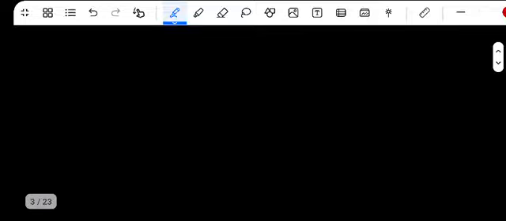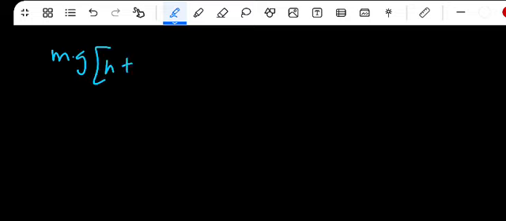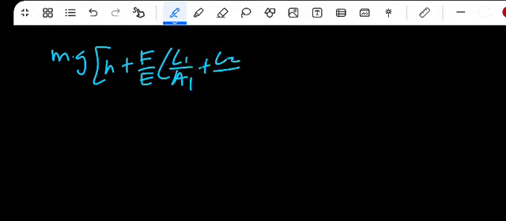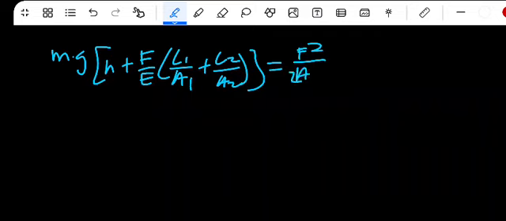For example, there we know that you can make H the subject and substitute, because you know that we've been given mg into H plus F over E into length 1 over area 1 plus length 2 over area 2, like this, is equal to F squared over 2 multiplied by area multiplied by Young's modulus into 1 over area 1 plus area 2 over area 2.